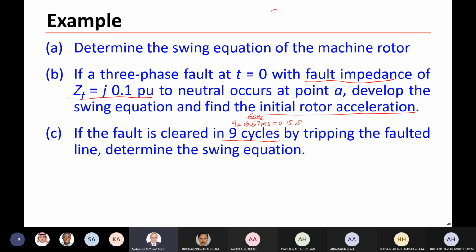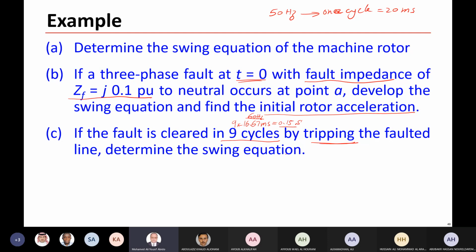If it is 50 hertz, one cycle is 20 milliseconds, so 9 cycles will be 0.18 second. In 60 hertz we have 16.67 milliseconds for one cycle, so 0.15 second. After 0.15 second from the fault occurrence, we trip the line.